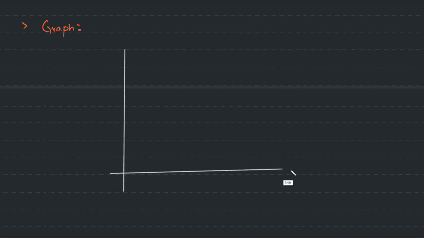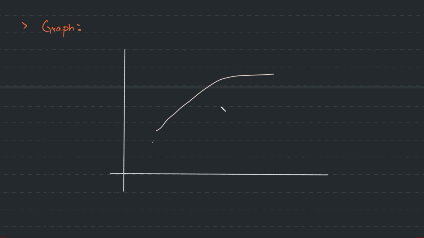Another way of discussing instantaneous velocity is with a graph. Say the displacement time graph looks like this.